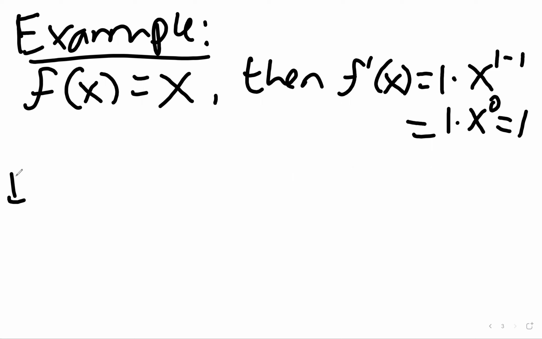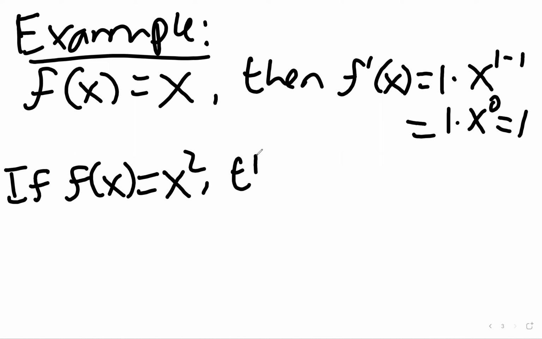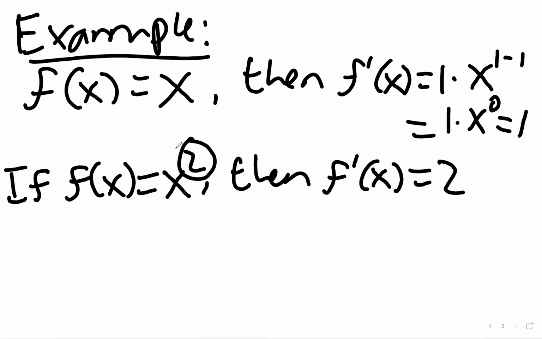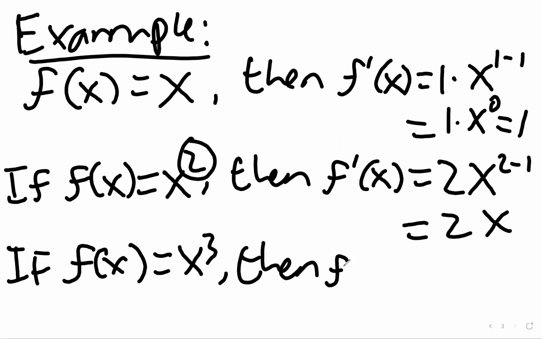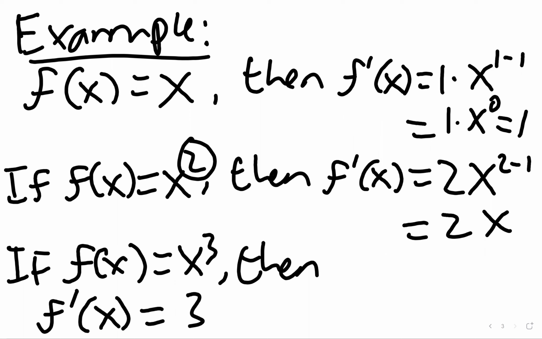And if f of x equals x squared, then f prime of x becomes 2, coming from the power 2, times x to the power 2 minus 1, so 2x. Similarly, if f of x equals x cubed, then f prime of x equals 3, which comes from the power 3, multiplied by x to the power 3 minus 1, so 3x squared.